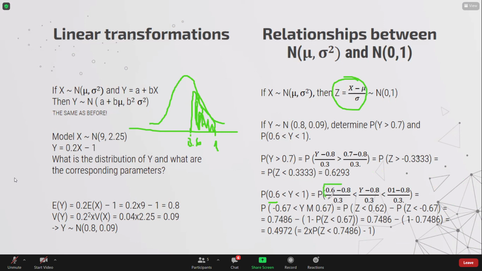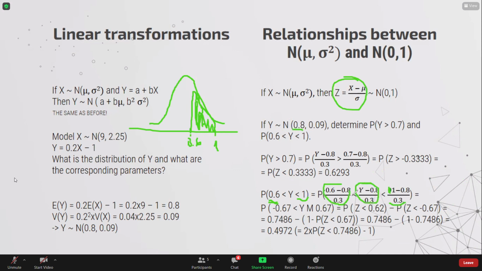The first part, we just have 0.6 minus the mean, which is 0.8, because we are given it from the exercise, divided by the standard deviation. It would be the same with the second number. So it should be just 1 minus the mean divided by the standard deviation. And that is z that we are interested in.